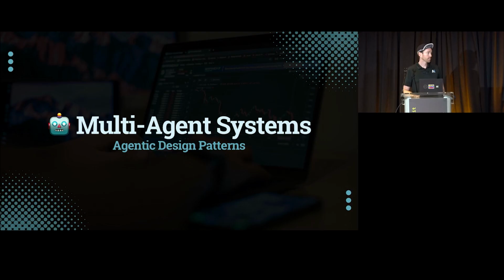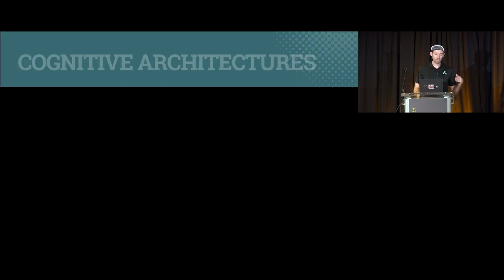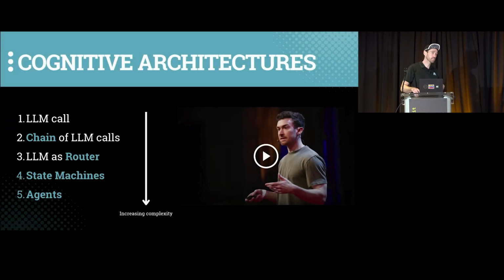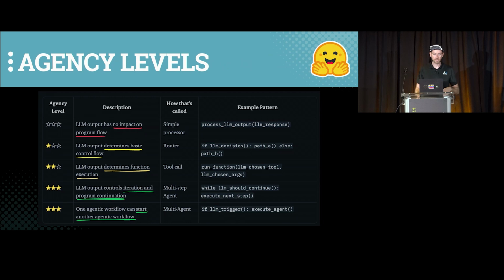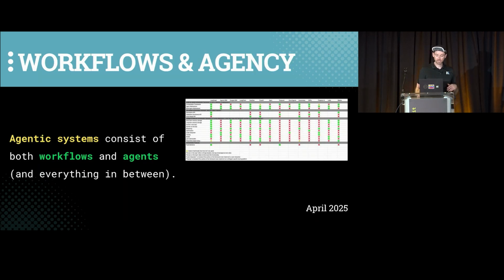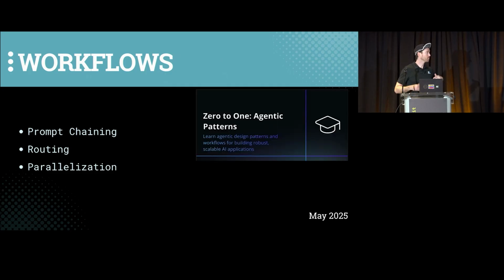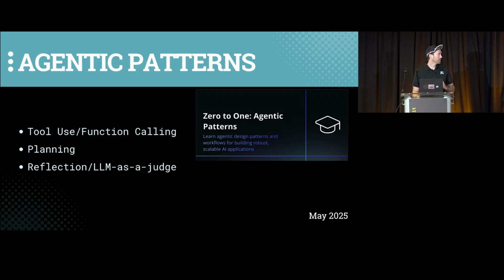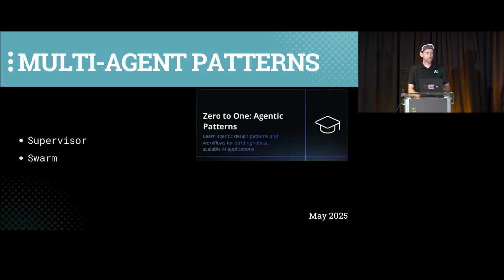And this is where, if you look across all this crap that you see out there, you'll see all these different design patterns, and it'll make you all excited about these different levels of cognitive architectures and these different levels of agency. You'll have this idea of workflows versus agency, and different types of workflows, and different types of agentic patterns, and everybody will be telling you LLM as a judge, and evals, and scaling stuff out, and all that's fine.